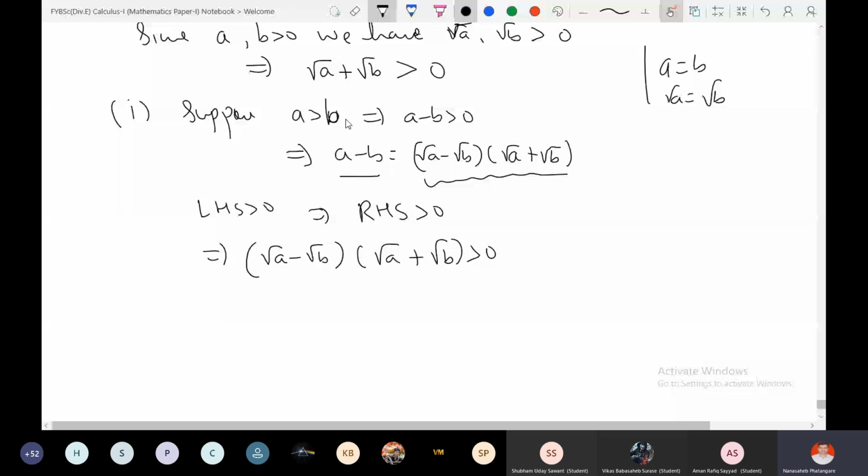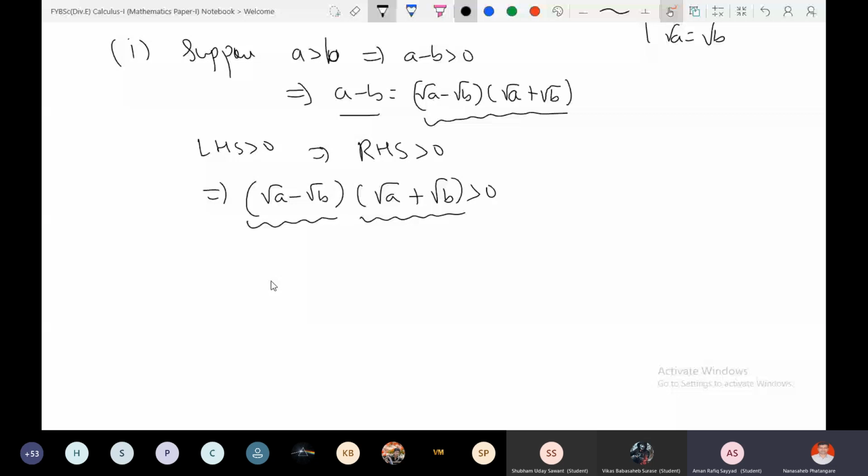If the product of two numbers is positive, what can you say? Either both are positive or both are negative. But if you know that one of them is positive, then what should the second be? Positive. Among these two brackets, we already know that one of them is positive.